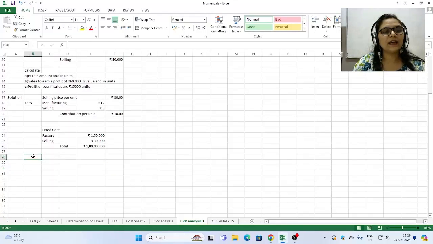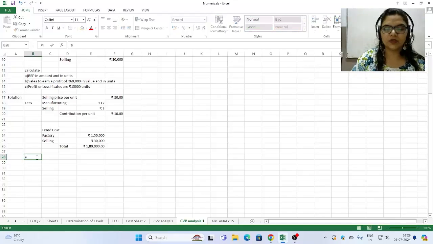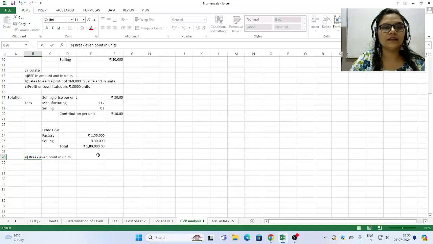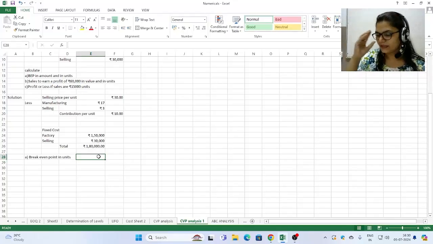Now, why we are calculating this fixed cost? Because fixed cost is useful when we are calculating break-even point. Break-even point is calculated with two perspectives. One is break-even point in units, and another one is break-even point in amount.